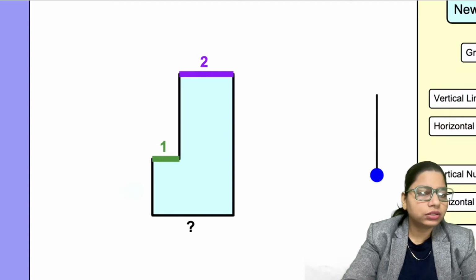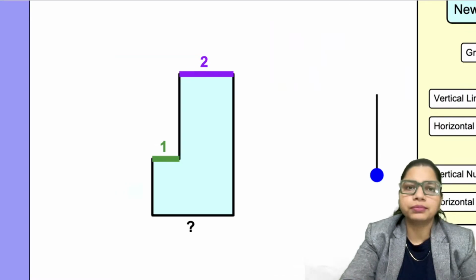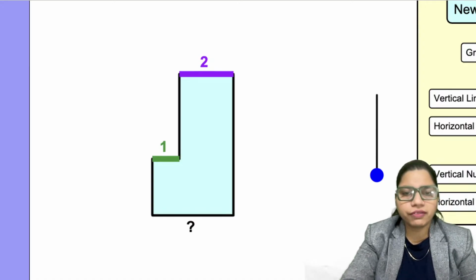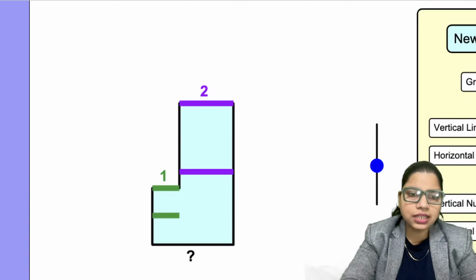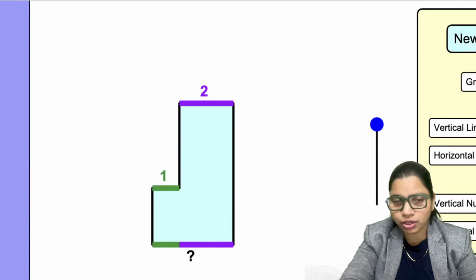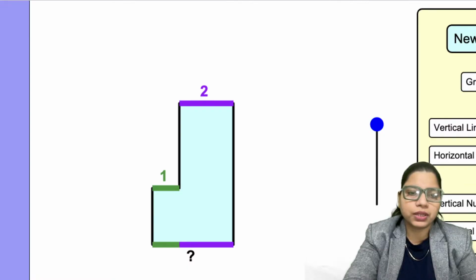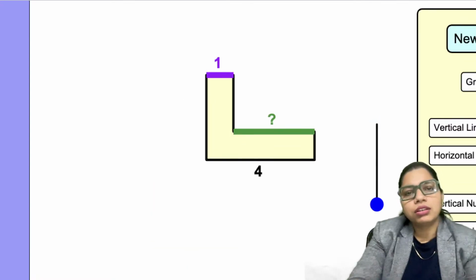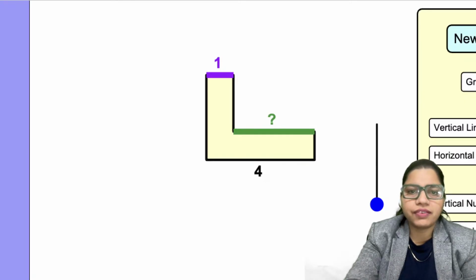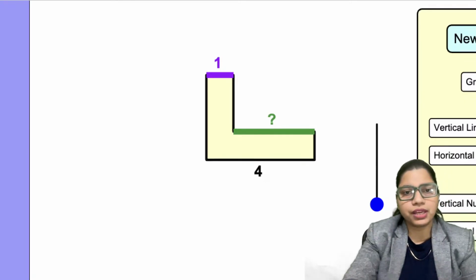How about this one? What would the missing number be? The sum, because two smaller pieces of information are given. So they both add up to make a bigger line at the bottom. So that is going to be 2 plus 1, that is 3. 1 is given, the bottom side is given, and the green is missing. What would that be?